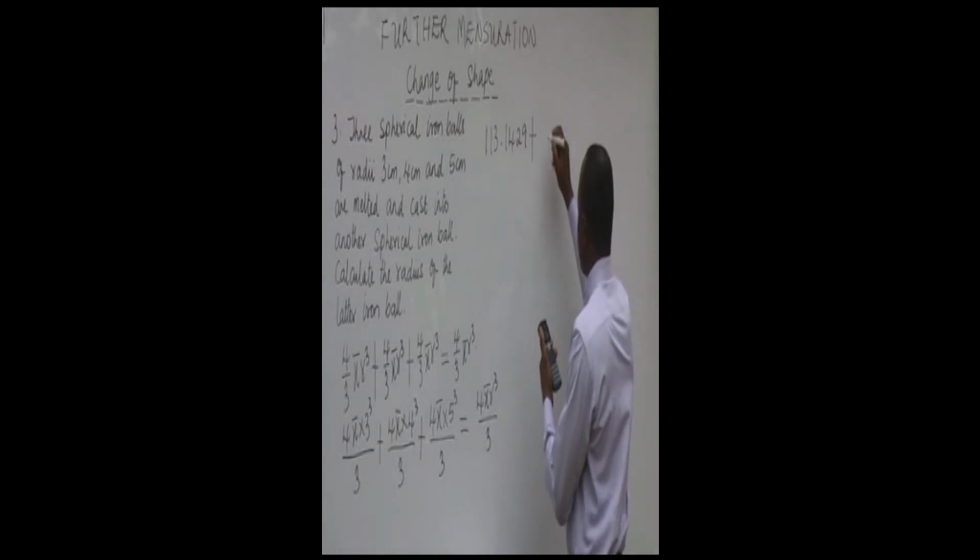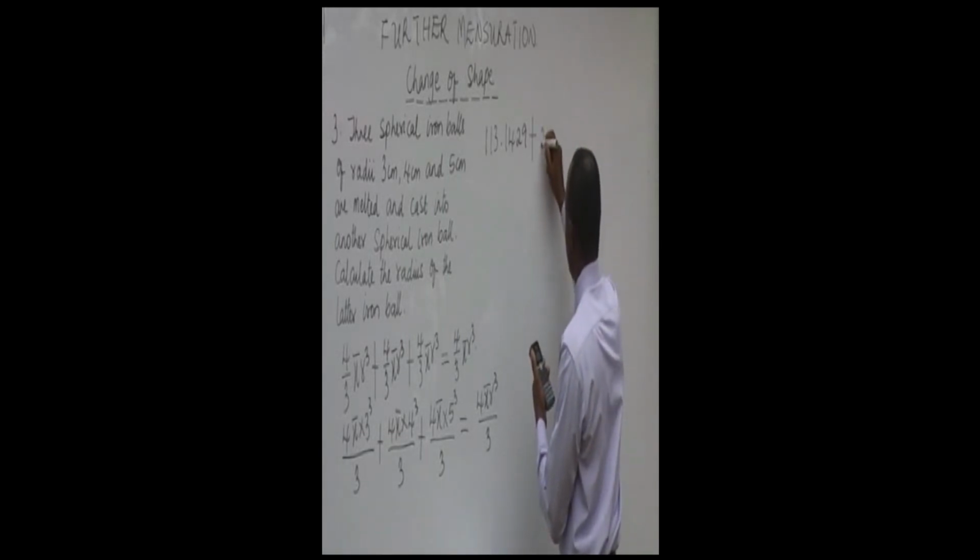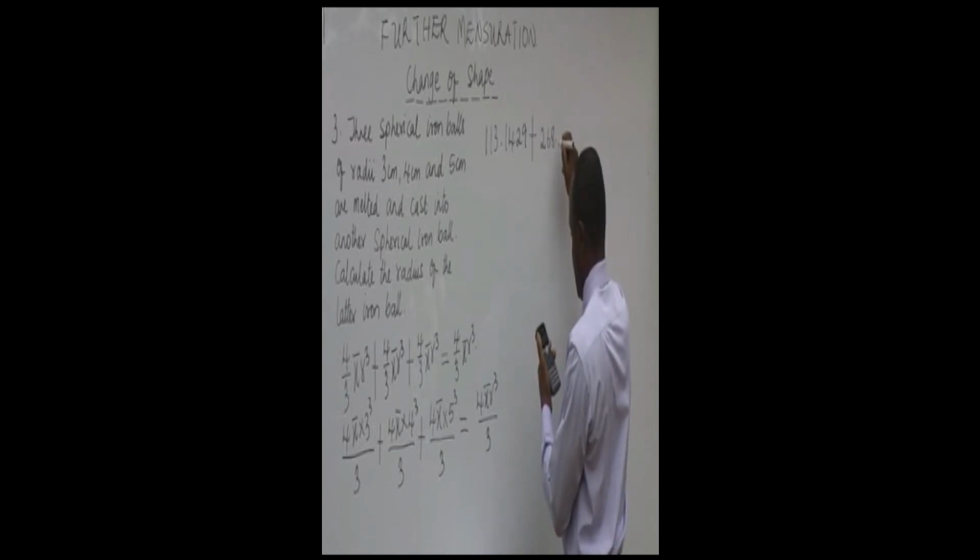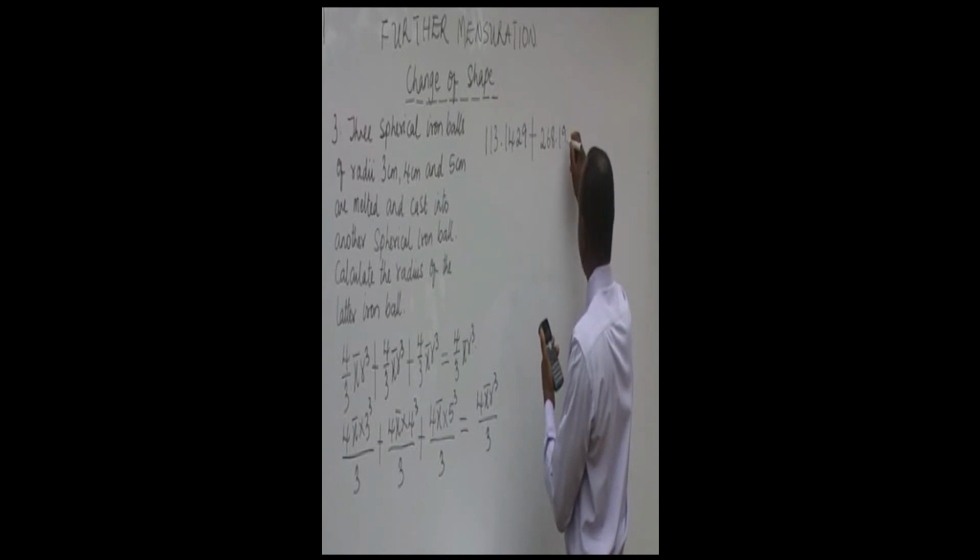Here we are having 268.119 in 2 decimal places.